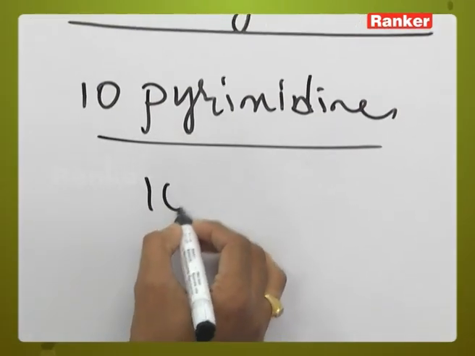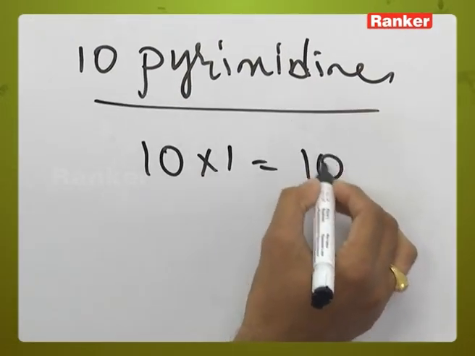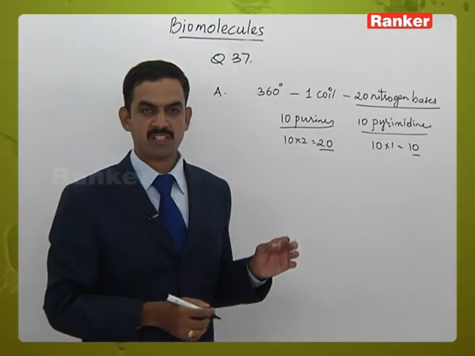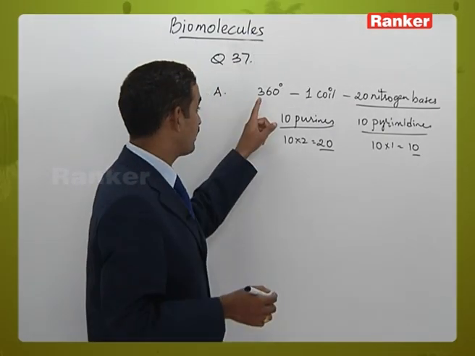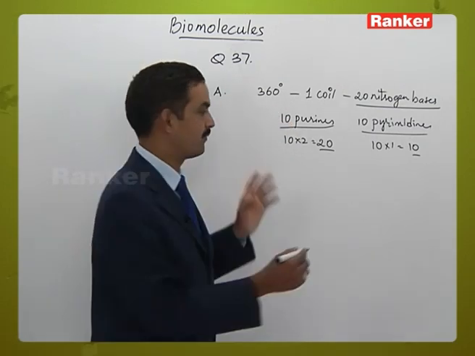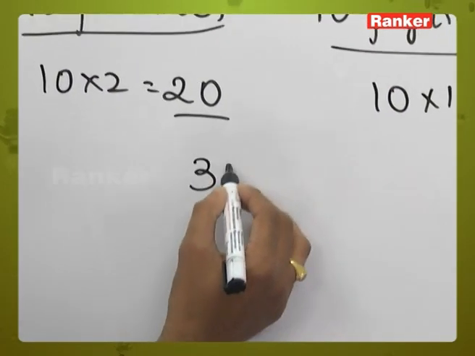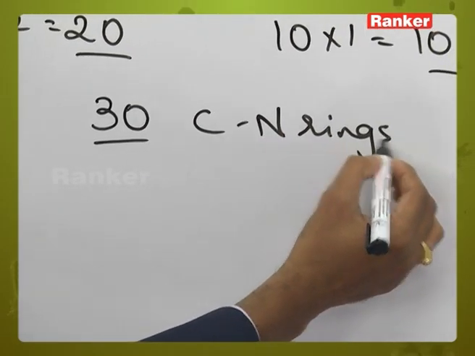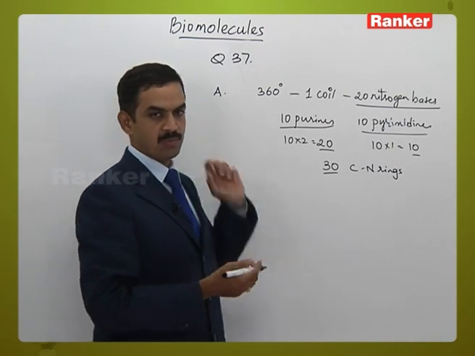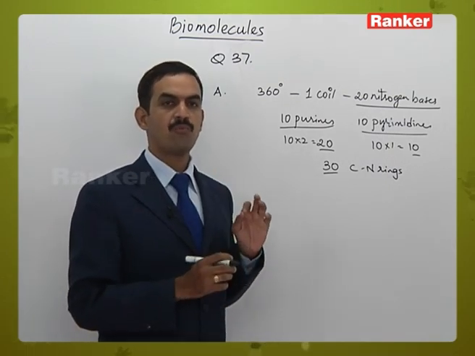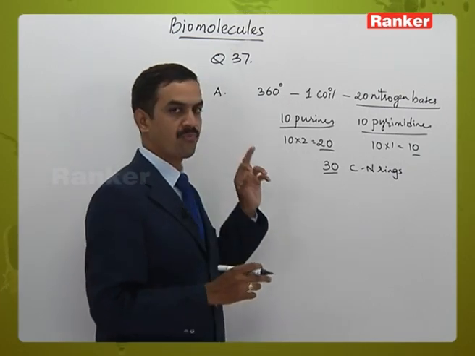So 10 into 1, it comes to 10 carbon nitrogen rings. So the total number of carbon nitrogen rings present in 360 degrees angle of a double-stranded DNA is 30. In the given options, the related one is option number 5. So A is 5.